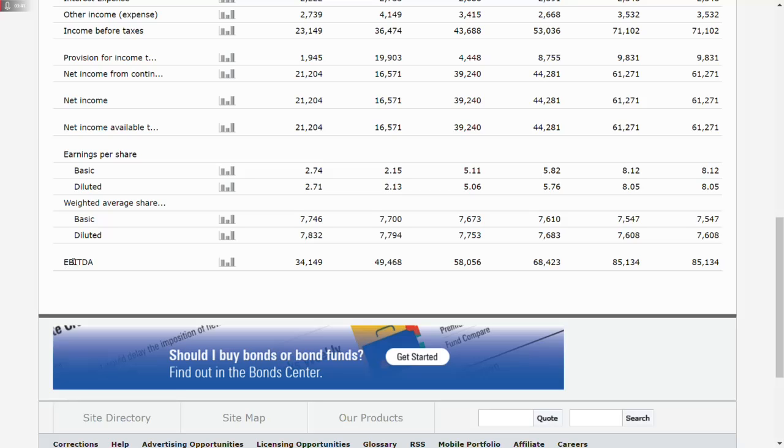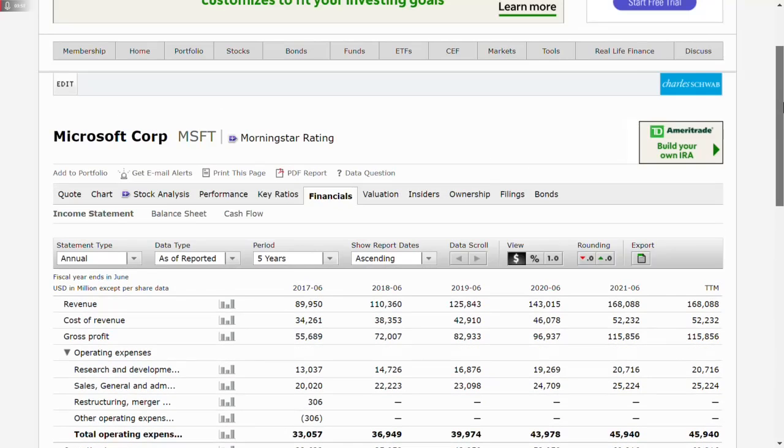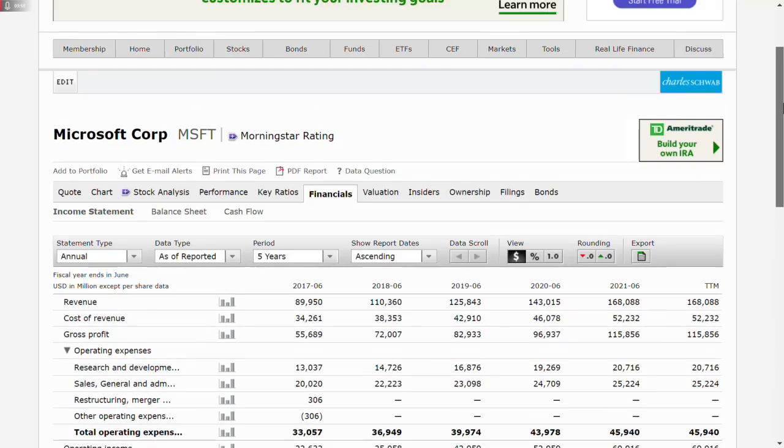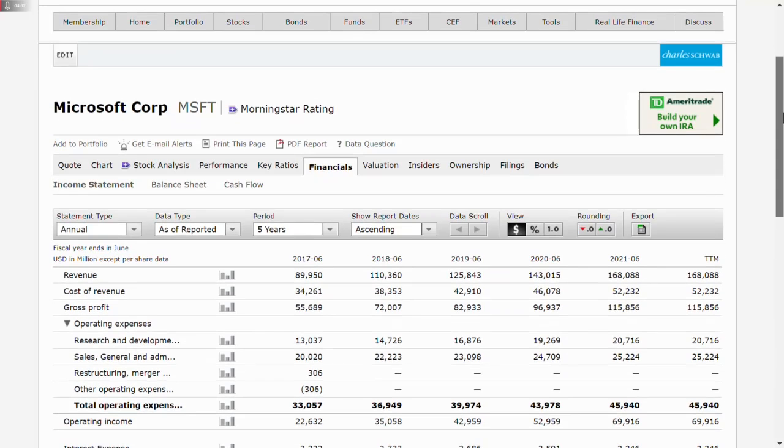So it's a figure that is talked about a lot in business and in academic study of finance. But what they really want to do is get down to the nitty gritty and look at the real cash that's made for all the stakeholders, all the shareholders.